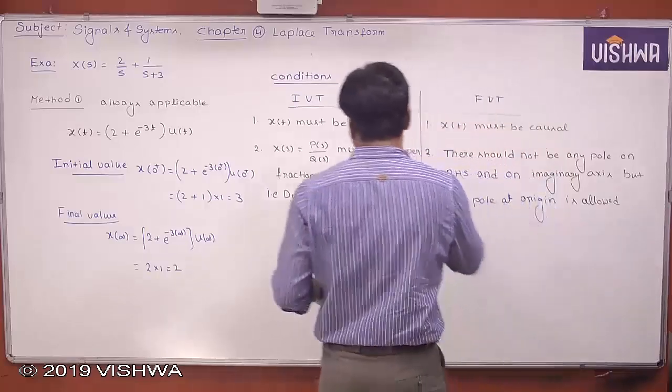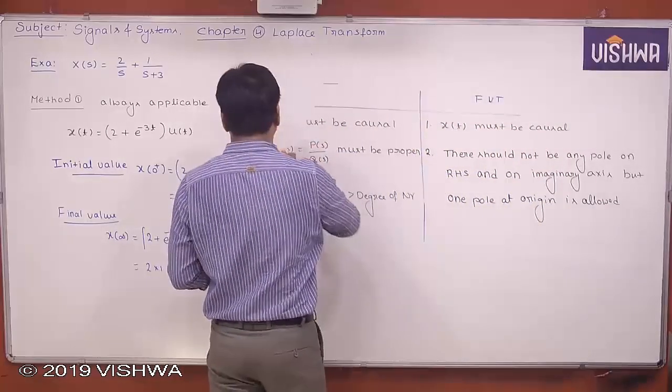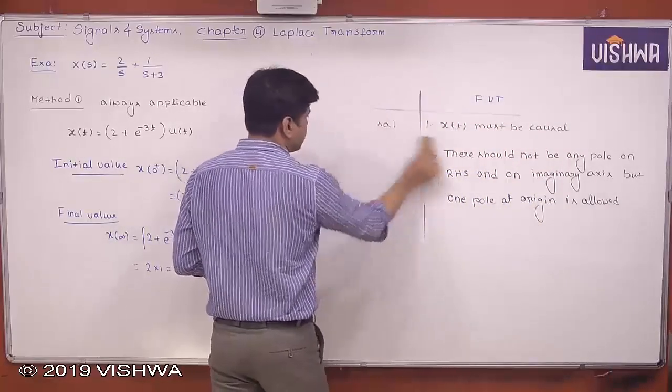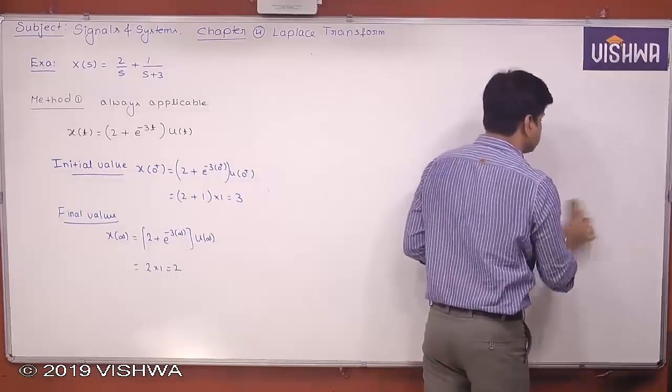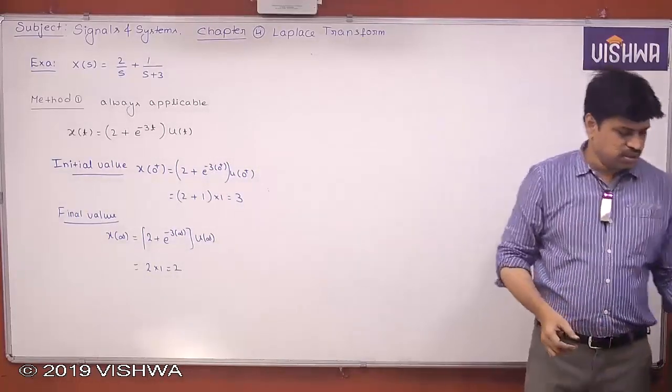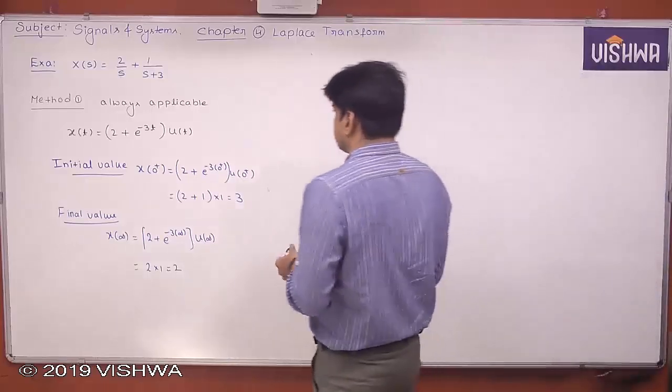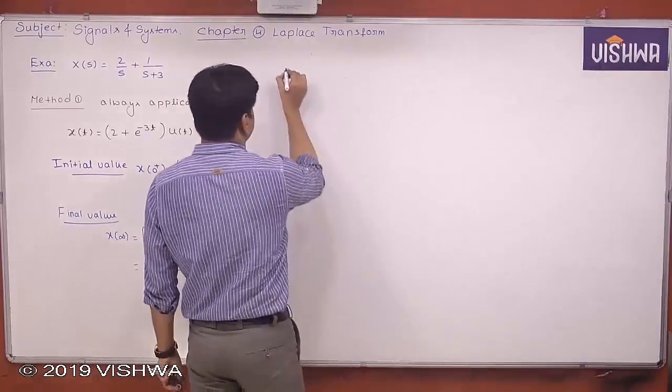Let's see method 2, that means the initial value theorem and final value theorem. If I apply them, first we have to see whether x of s satisfies both the conditions or not.